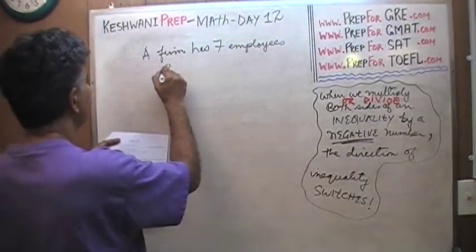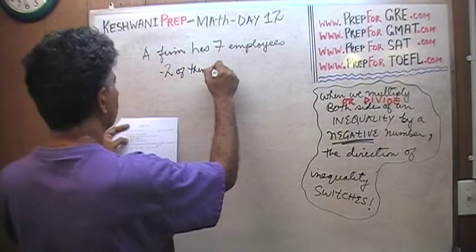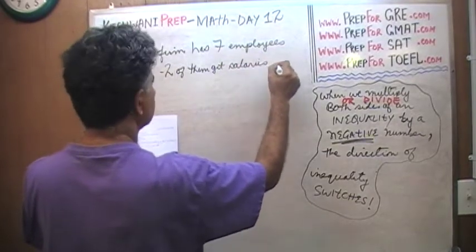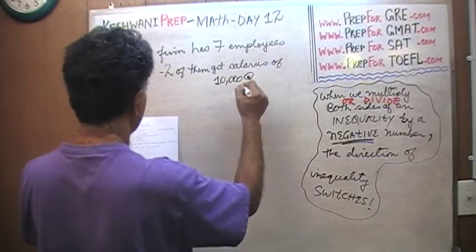A firm has 7 employees. 2 of them get salaries of $10,000 each.